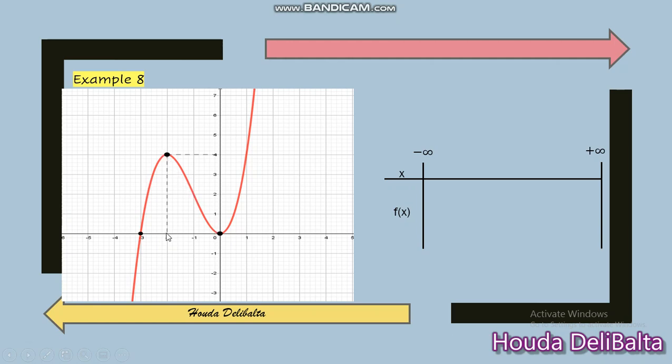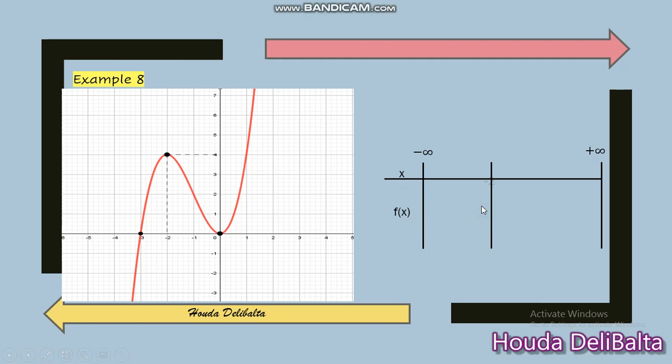When I reach minus 2, it starts decreasing. Then when I reach 0, it starts increasing. Then the values along the x-axis that I care about are minus 2 and 0.